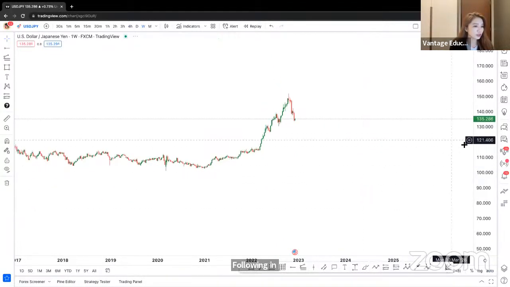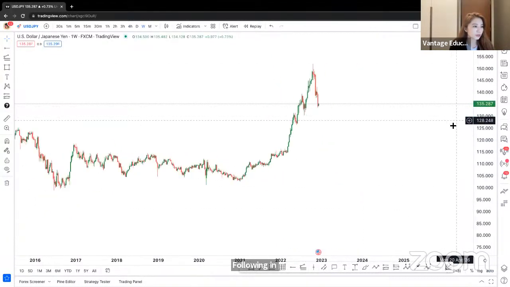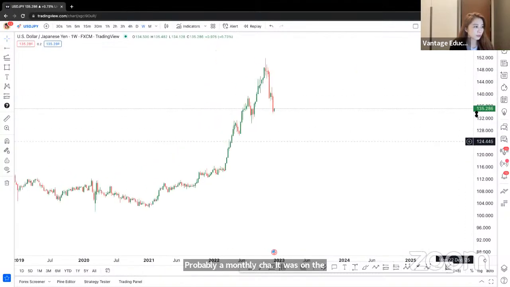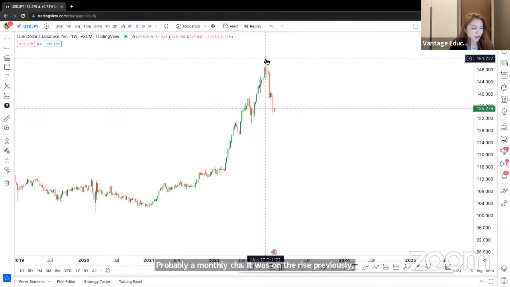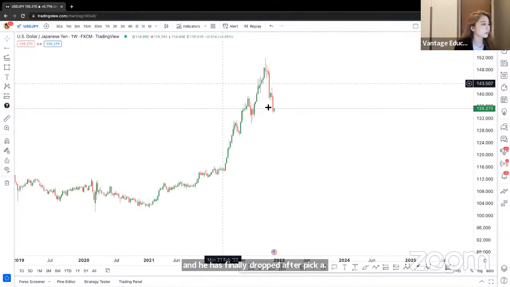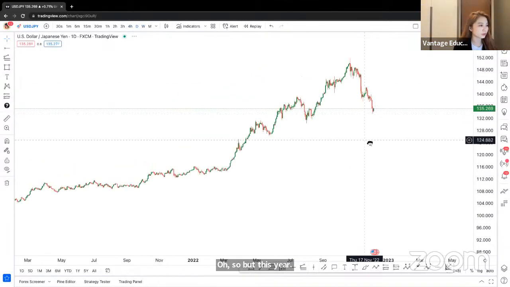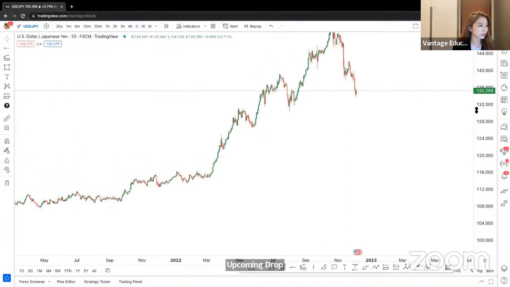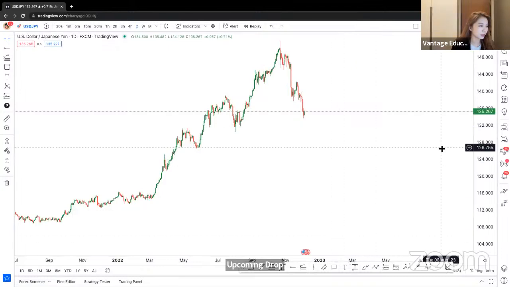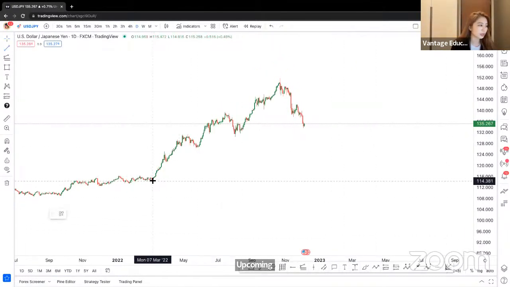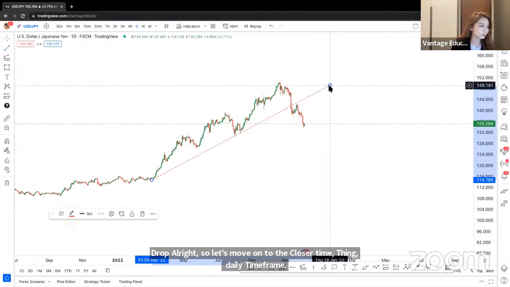Dollar yen monthly chart, it was on a rise previously and it has finally dropped after the peak at October this year. Upcoming drop. So let's move on to the closer time frame, daily time frame. We are looking at an obvious drop.